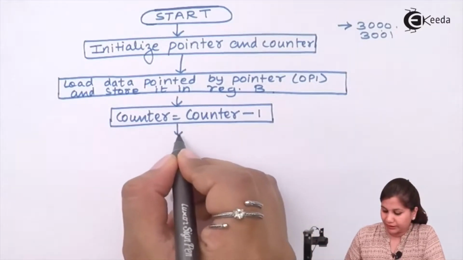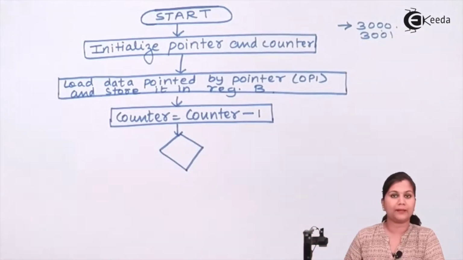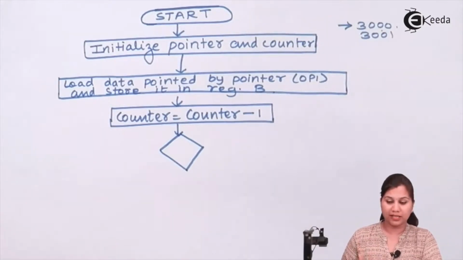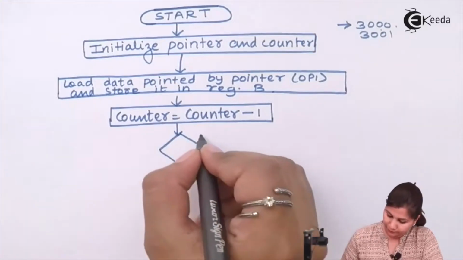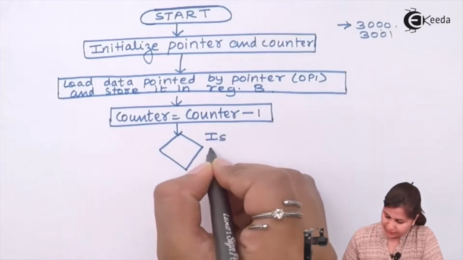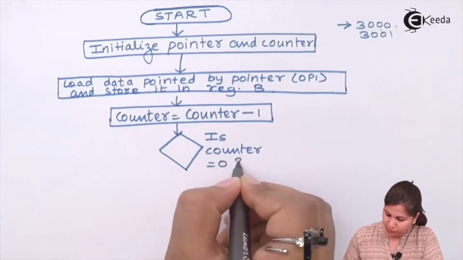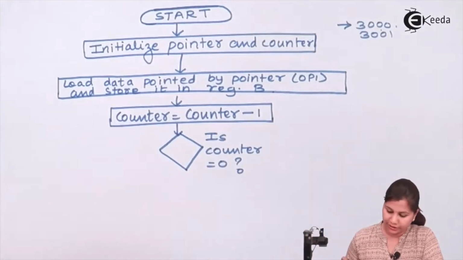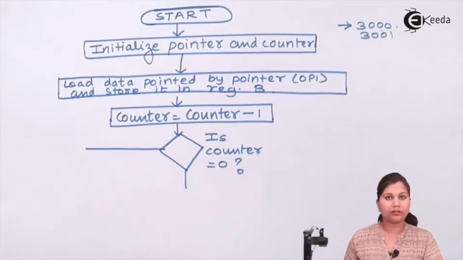Now whenever we are decrementing the counter, we will check whether the count has become 0 or not. And because this is a decision making state, it is shown in a diamond shape. Okay. So here we will check whether the counter equals 0 or not. There can be two conditions, whether the counter has become 0 or not.